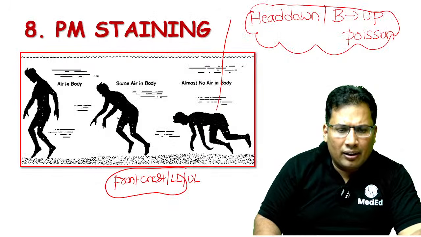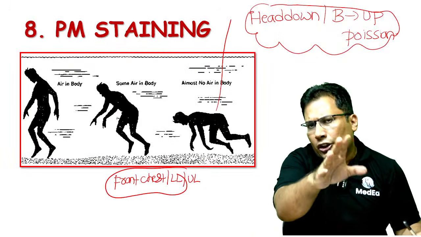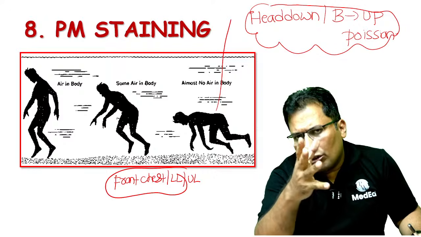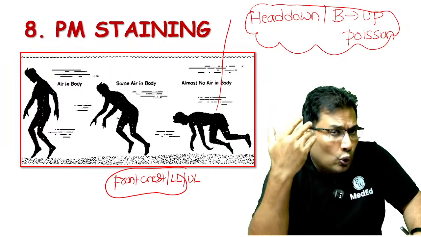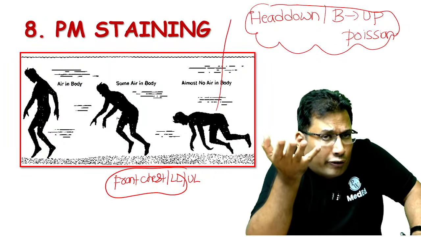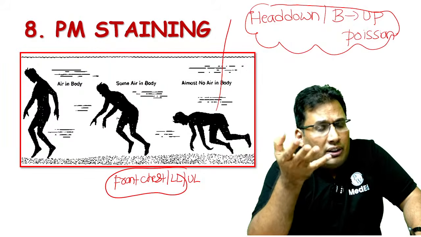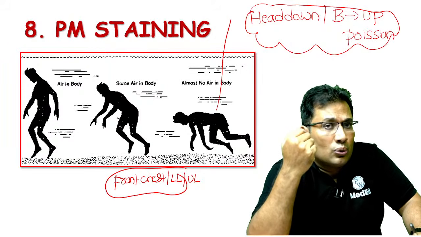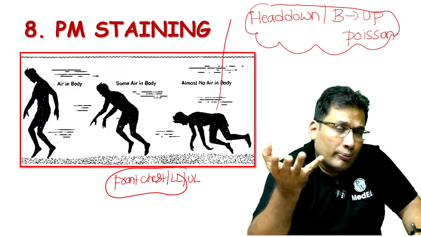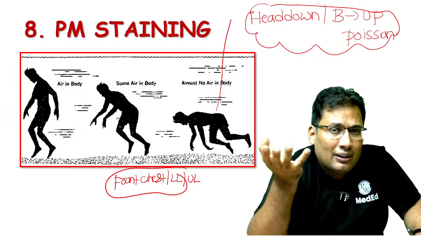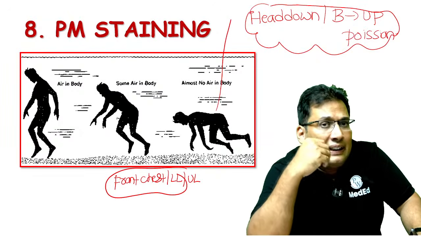Then the manner, as I said, it can be suicidal, it can be a method of dowry death, it can be homicidal, it can be a method of murder, and it can be accidental. Accidental even in swimmers, for example hydrocution, vasovagal inhibition.